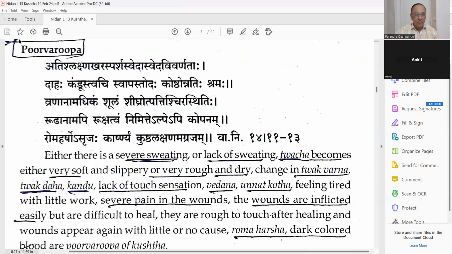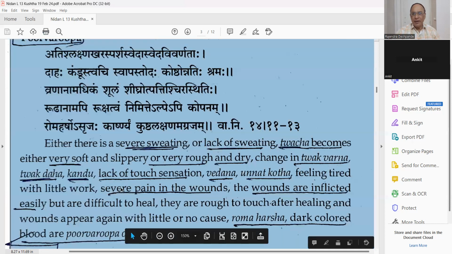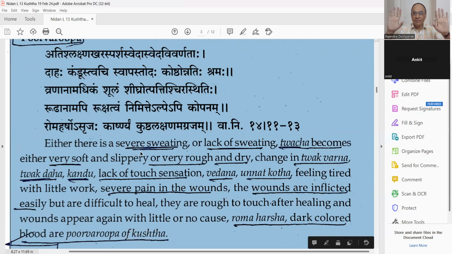Be careful, you may get a skin problem. How can you understand? There may be a sweating problem, either excess sweating or no sweating.